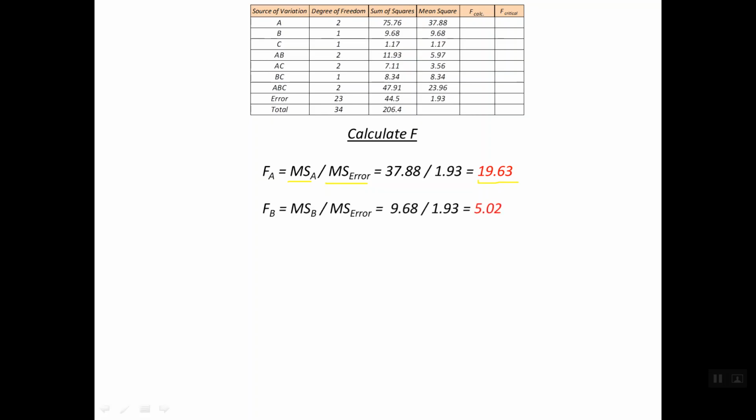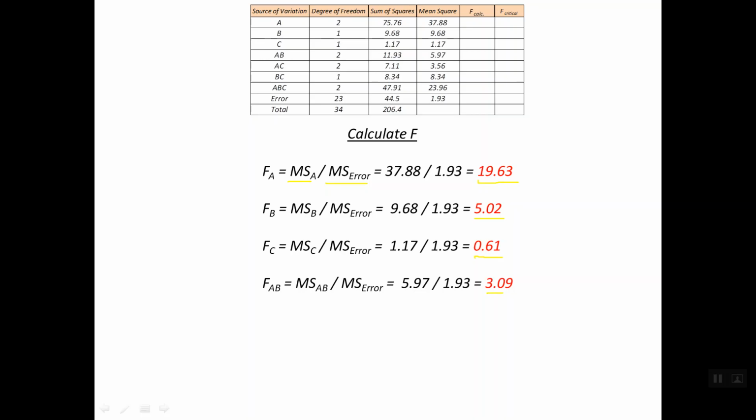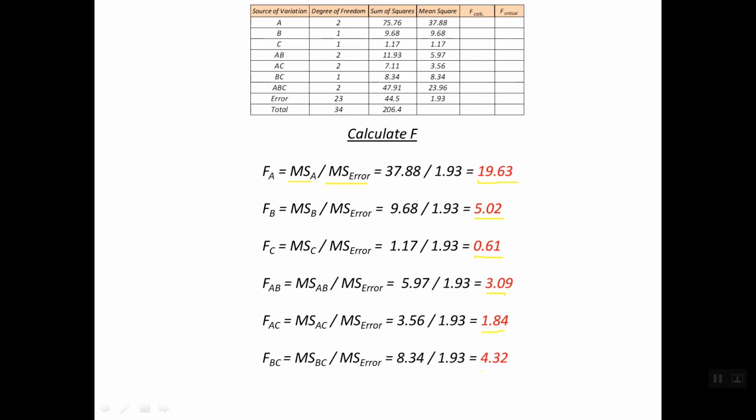For factor B, the value of the calculated F is 5.02. For factor C, it is 0.61. For A and B, it's 3.09. For A and C, it is 1.84. And for B and C, it is 4.32. And for A and B and C, it is 12.41.